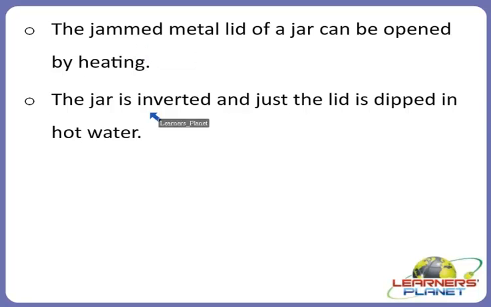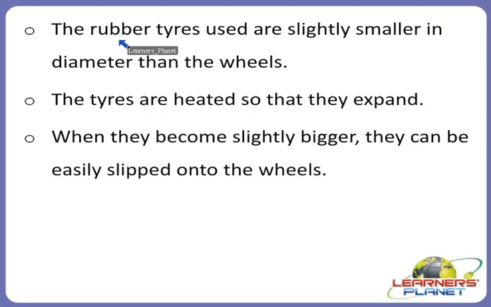So this is one such example or one such application of expansion and contraction. There is another application also, like how do mechanics fix tires around the wheels of cars? Let us see. Yes, the rubber tires used are slightly smaller in diameter than the wheels, and so the tires are heated so that they expand.